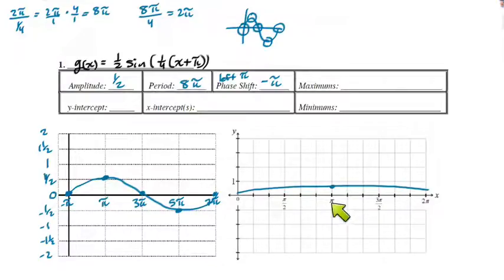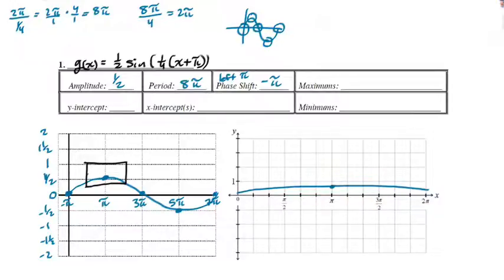Because this line right here is a different window than over here. What we're seeing is this section from 0 over to 2 pi, which would be right there. This is all we're seeing in this window. We're only seeing this part. Does that make sense? Kind of weird, kind of different.